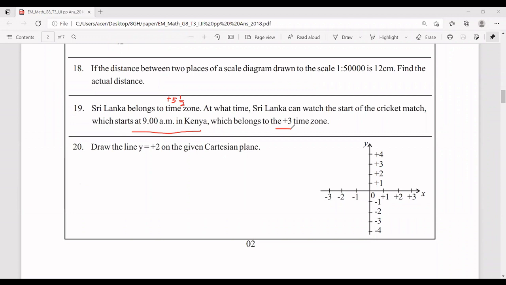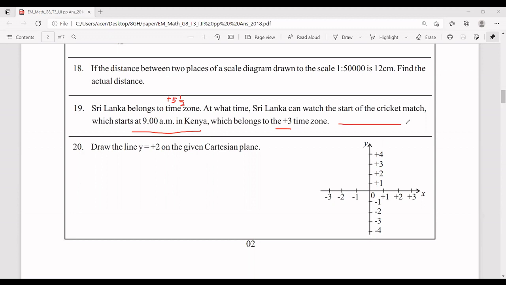What is the time zone of Kenya according to this? 9 a.m. is the time. I asked about the time zone. Plus 3. So in this type of question, the easier way is to think about the number line.